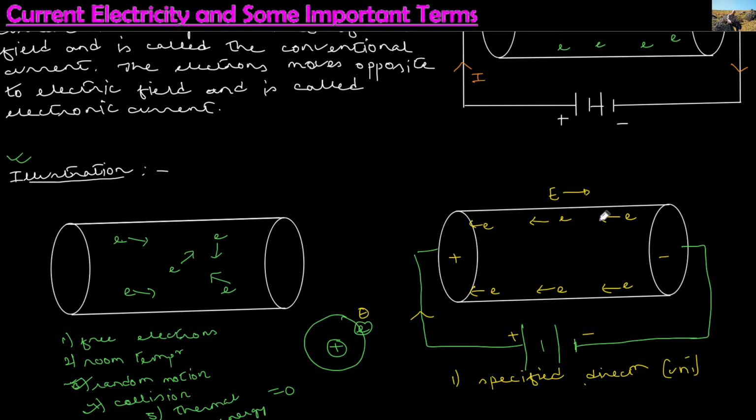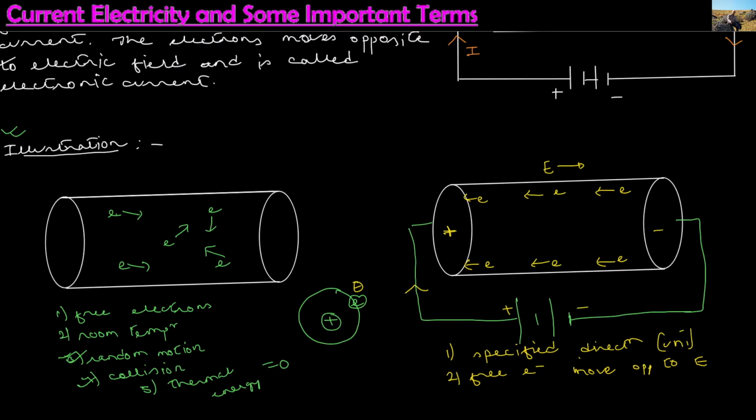All the electrons which move towards the positive end of the wire will move in a direction which is opposite to E. So they move opposite to the electric field, and they constitute what we define as electronic current.